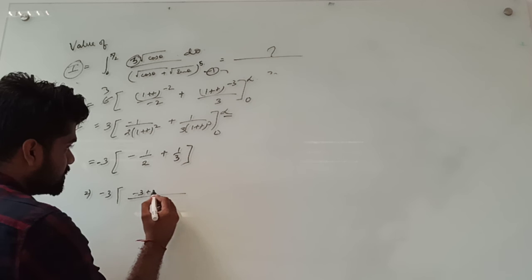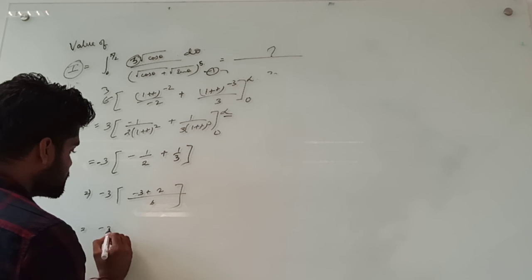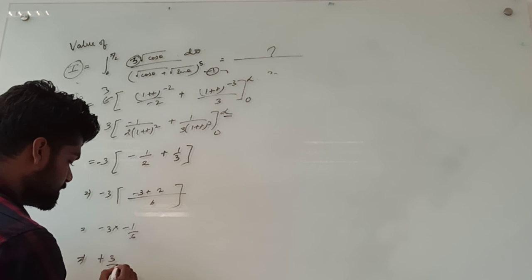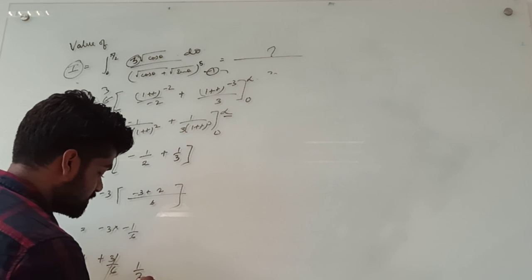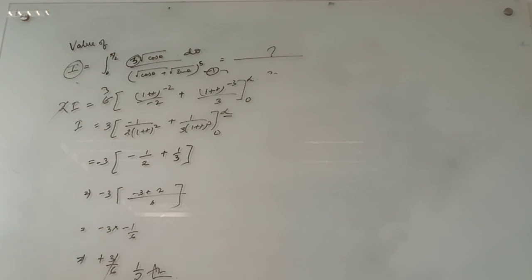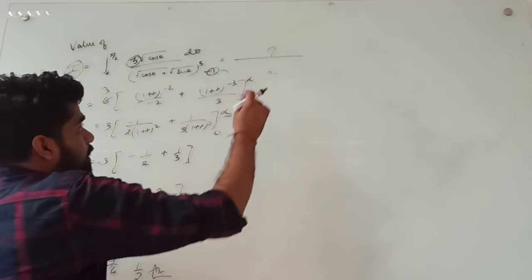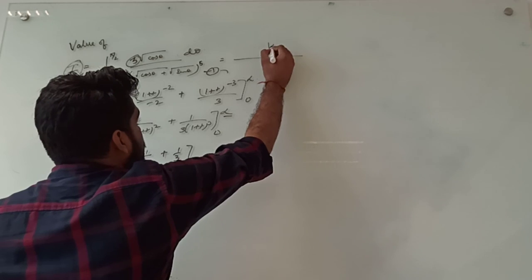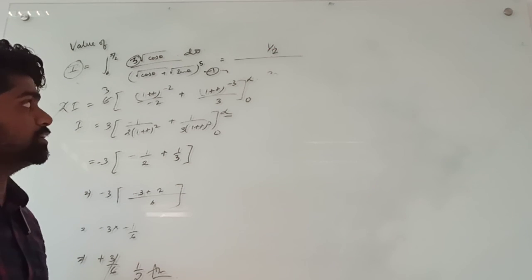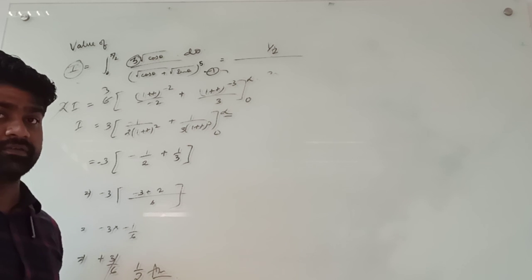So minus 3 plus 2, which will be minus 3 into minus 1 by 6. So minus minus will become 3 by 6, and if we cancel, the answer will come as 1 by 2. So after the simplified version of this one, the answer we are getting is 1 by 2. So this is the answer. Okay, so I guess it served your purpose. Thank you.